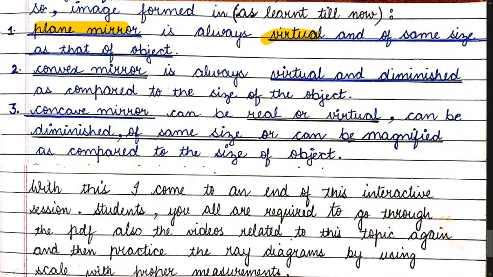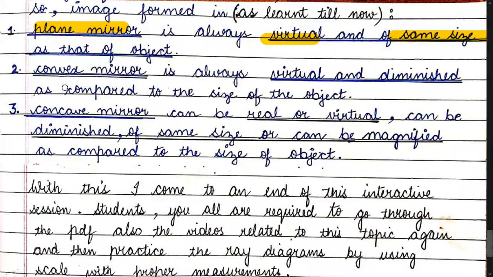It is a virtual image, that is an erect image, and is of the same size as that of the object. So in a plane mirror, the image is virtual, and the size of the image is the same as that of the object.